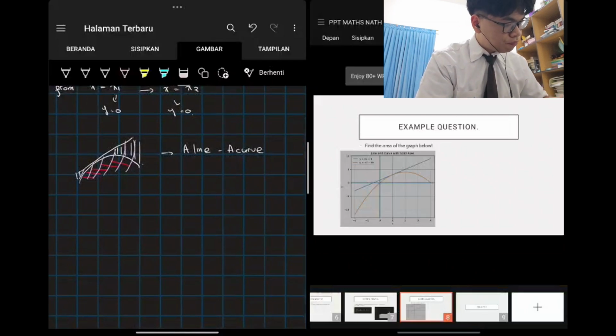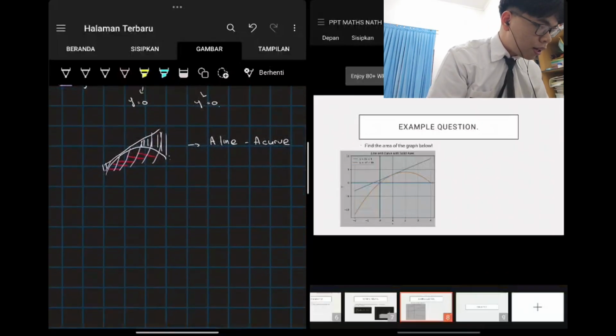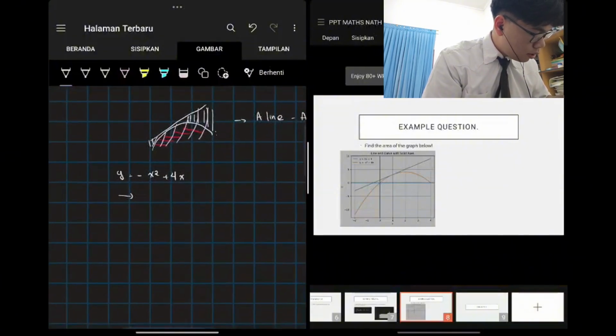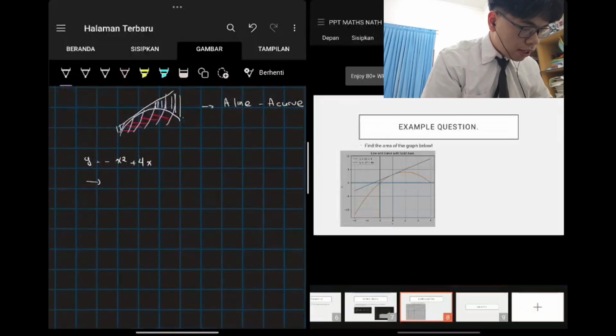Okay, so we need to find x1 and x2 first from the equation of this. Minus x squared plus 4x. Well, we can factorize the x, becoming x times (minus x plus 4).